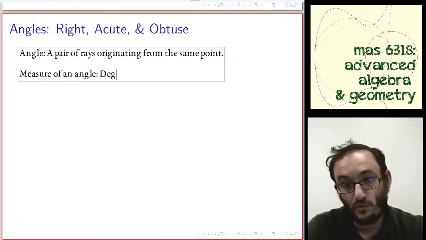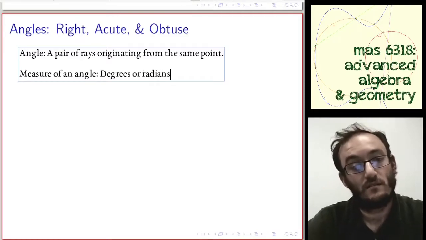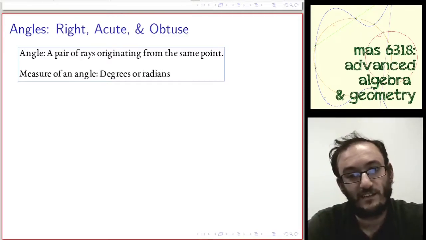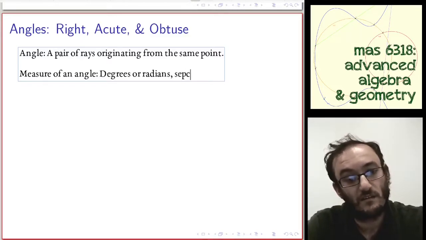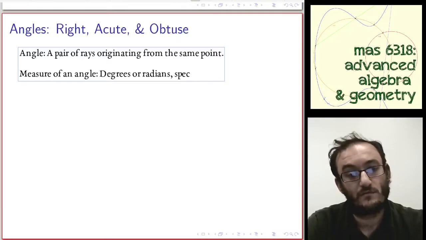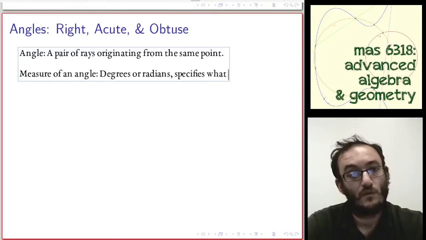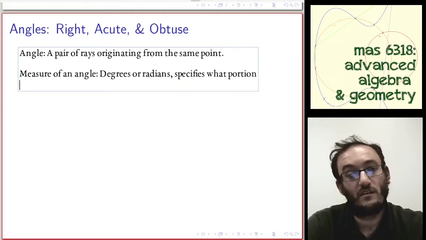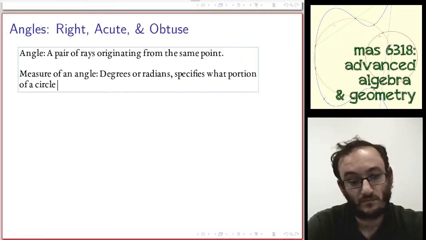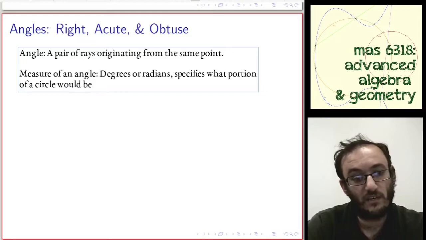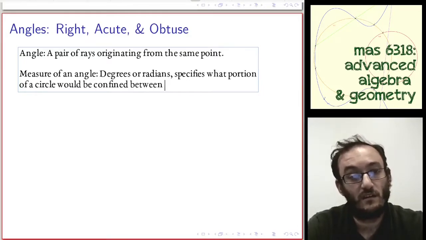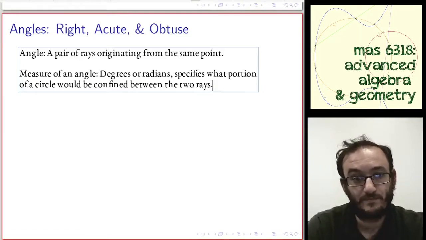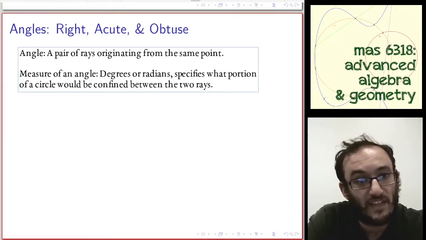And these come in degrees or radians, or your favorite alternative to those. This specifies what portion of a circle would be confined between the two rays. Okay, so let's give an example of that.